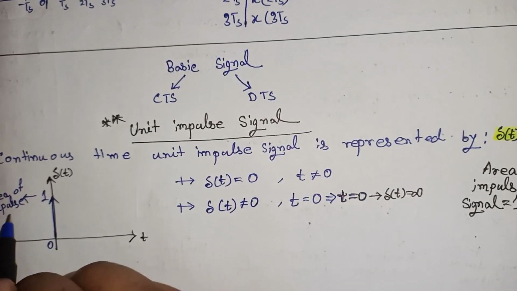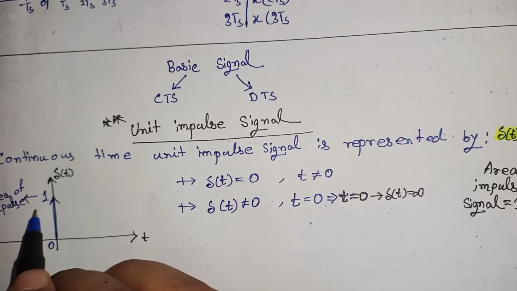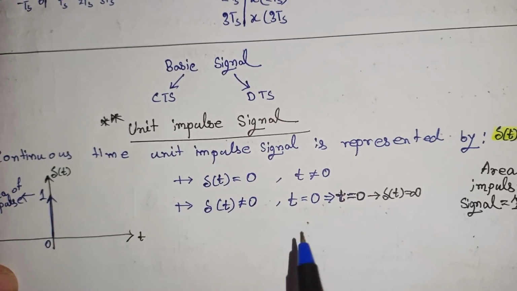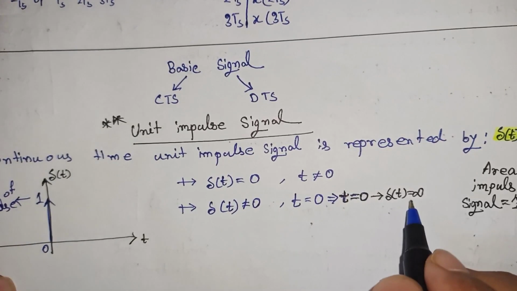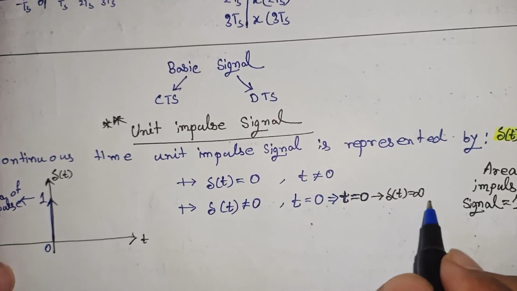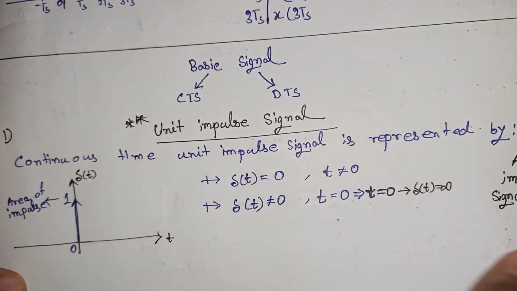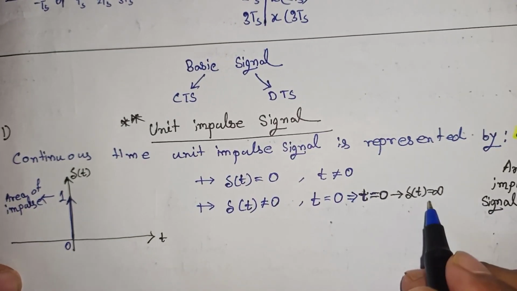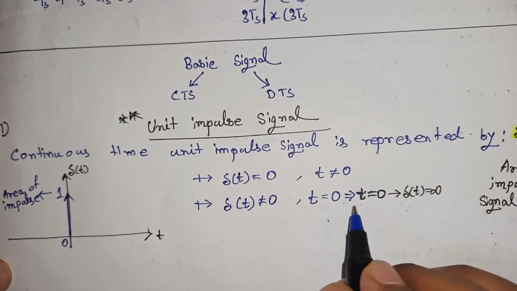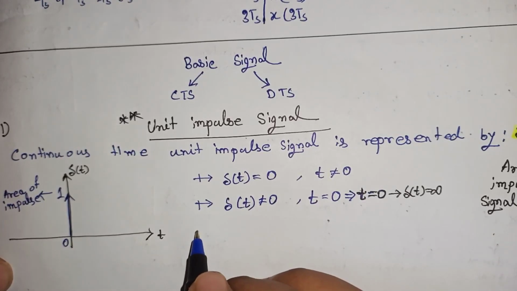You can say that I have written here 1, but here infinity, because this 1 represents the area and the value of del t is infinite at t equals to 0.